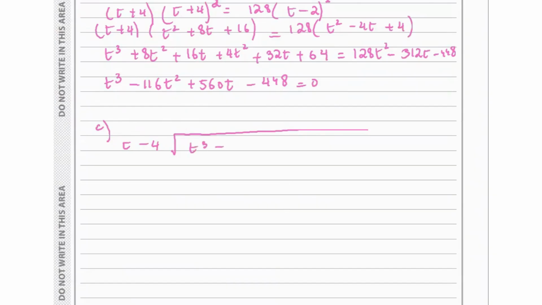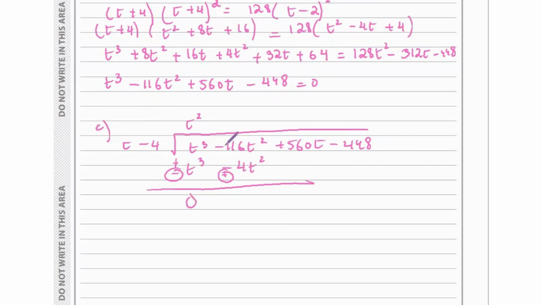So t cubed minus 116t squared plus 560t minus 448. So t squared times t is t cubed. t squared times negative 4 is negative 4t squared. Change the signs. It's positive, we make it negative. It's negative, we make it positive. So t cubed minus t cubed is 0. Negative 116t squared plus 4t squared is going to be negative 112t squared.